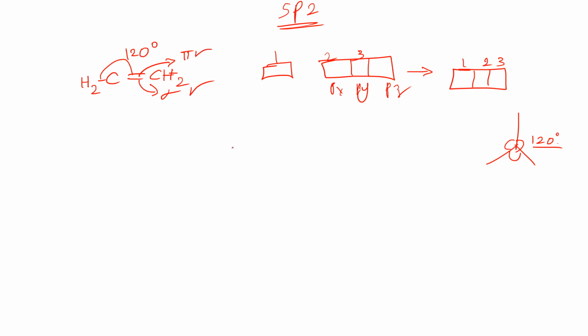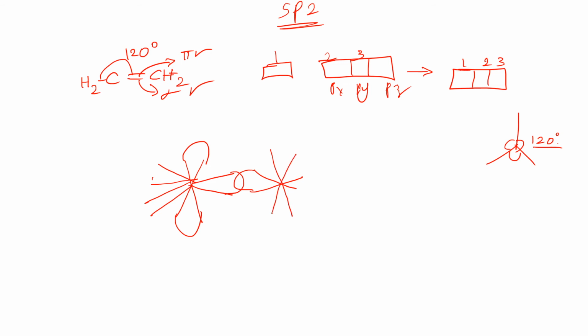Okay, now we will discuss the structure. The structure will be in this way. So the structure will be formed in this way, and here you can see the formation on either side.